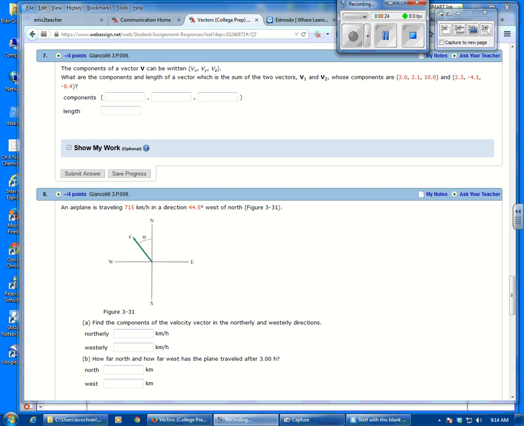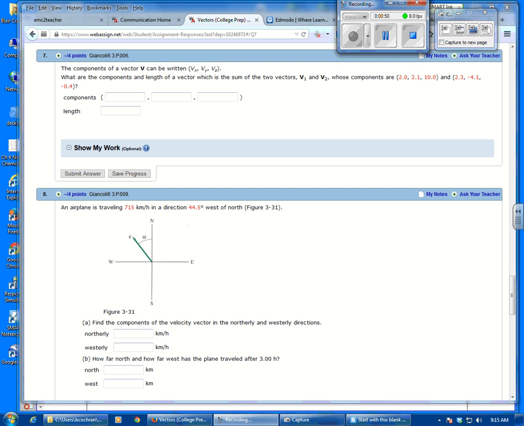But they give us it in this component notation. And that's one of the notations that we didn't do, but we can easily translate it to our own notation. So the first thing I'm going to do is translate the component notation to unit vector notation.